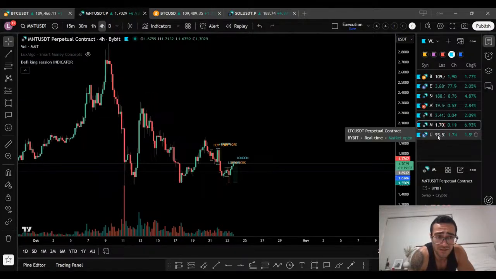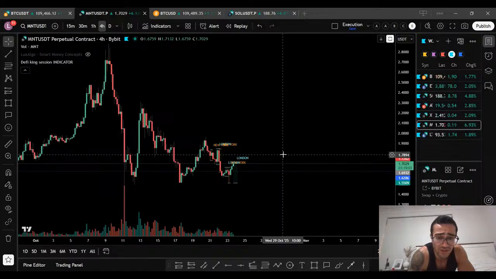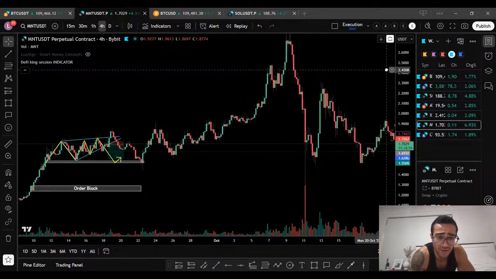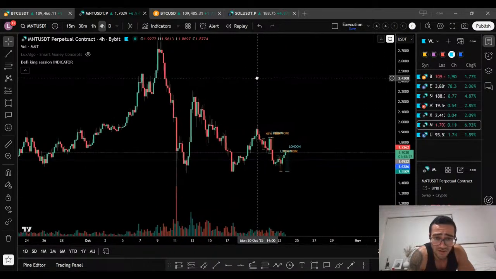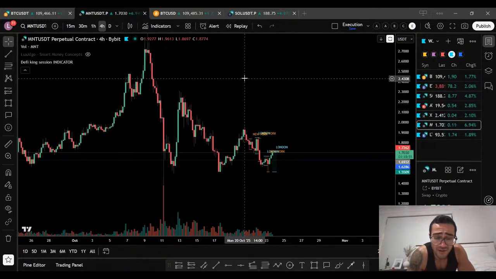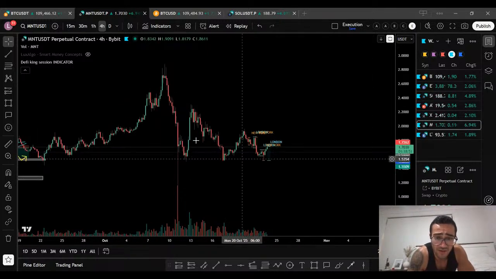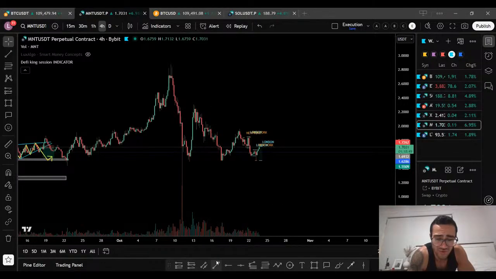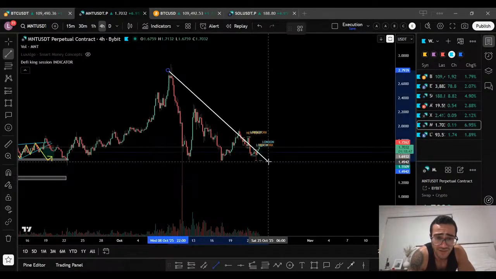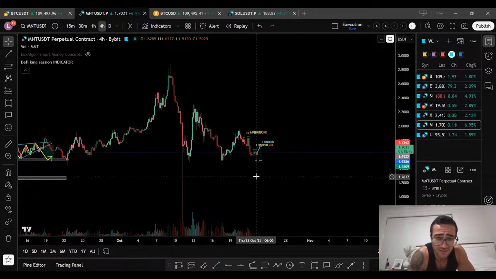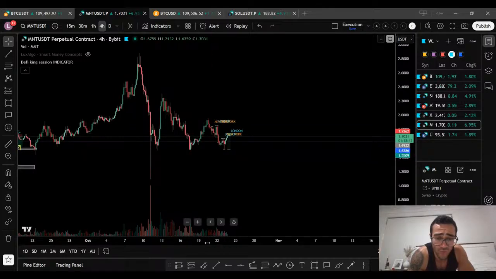MNT, USDT on a perpetual contract. This market looks quite healthy. We are once again seeing another bit of a downfall. We're coming up into a symmetrical triangle. I've probably seen this same pattern over 4 markets now.